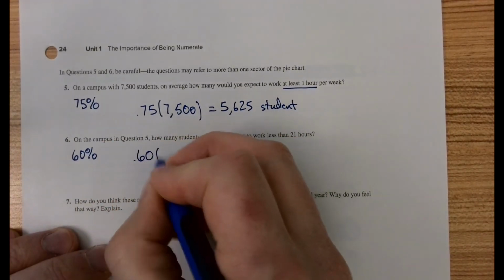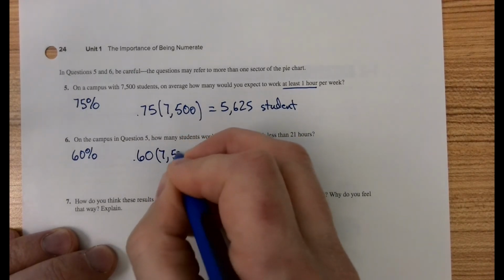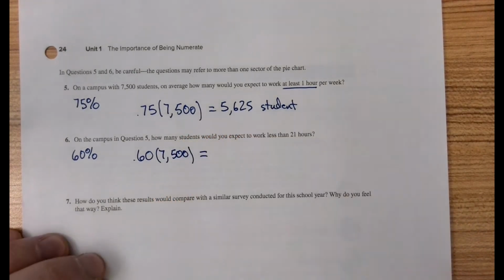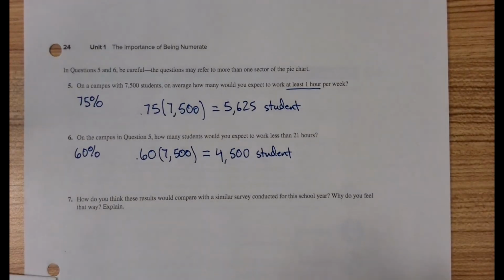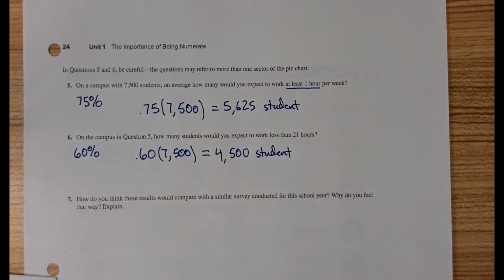Again, 0.60. That's converting that percentage to a decimal. And let's run to Desmos one more time to do this calculation. I get 4,500 students, based on that calculation, we would expect to work under 21 hours. So this last question is just, what do you think?